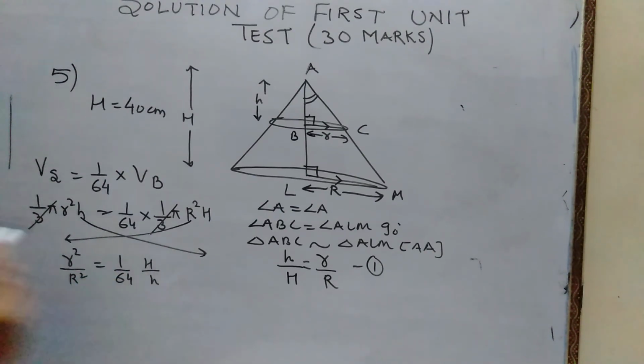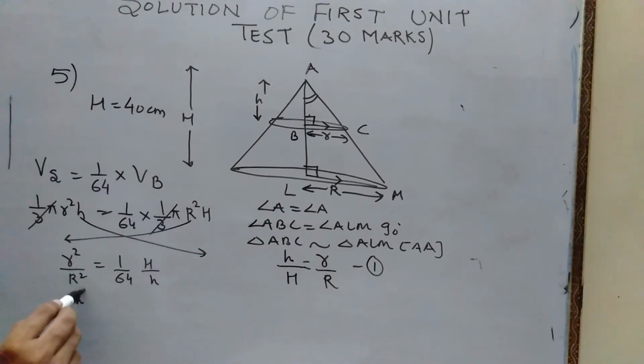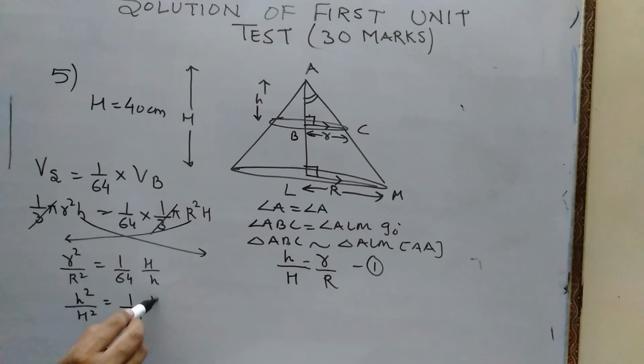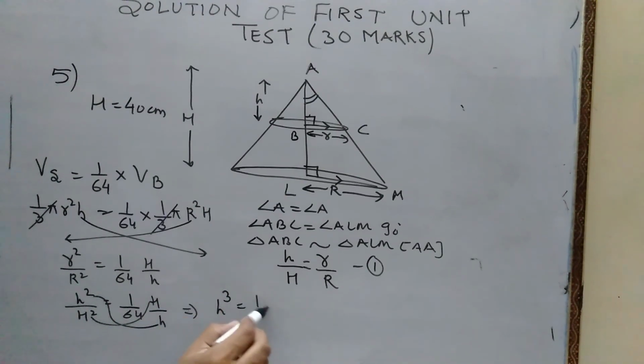Small r upon capital R can be written as small h upon capital H, so it becomes small h square upon capital H square.